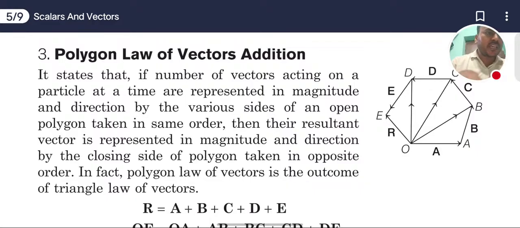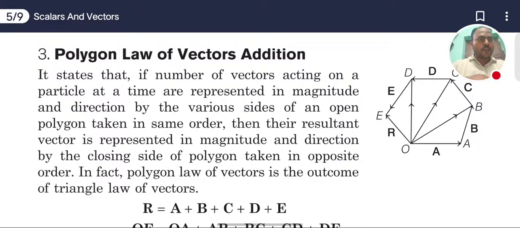So if you see from O to A, vector A, after that A to B. So this is the open side of the polygonal vector. Vector B is in the same direction as the A vector.